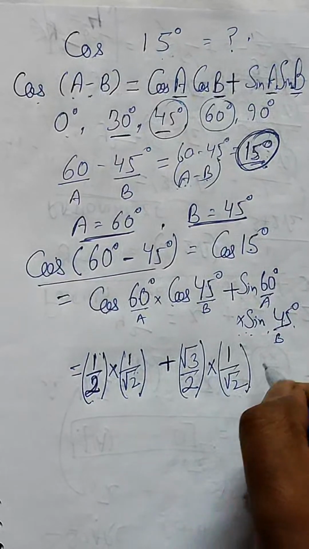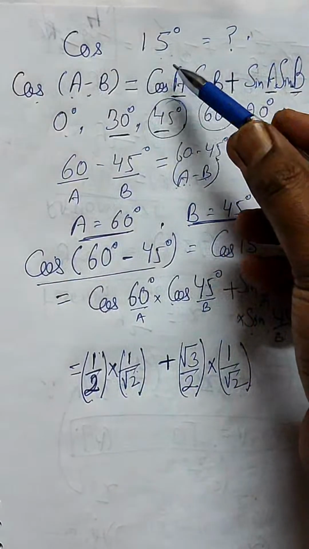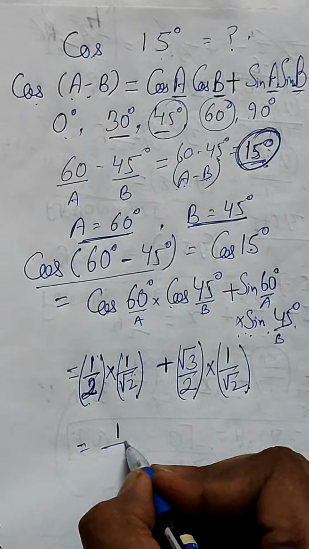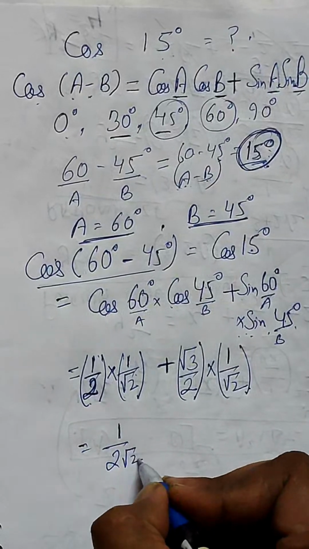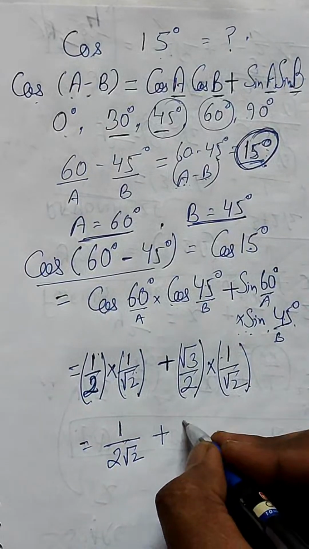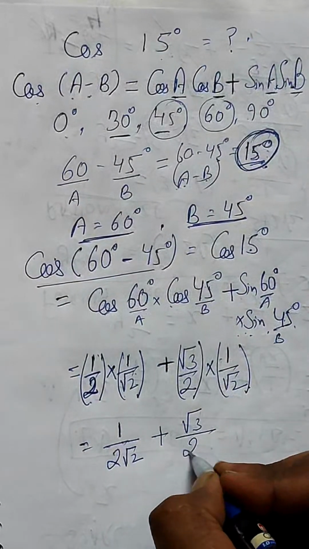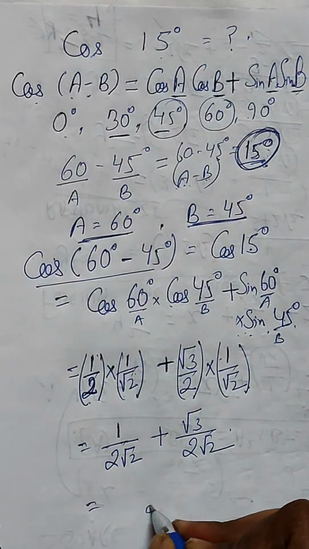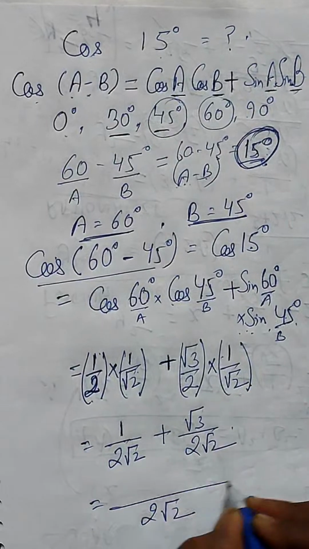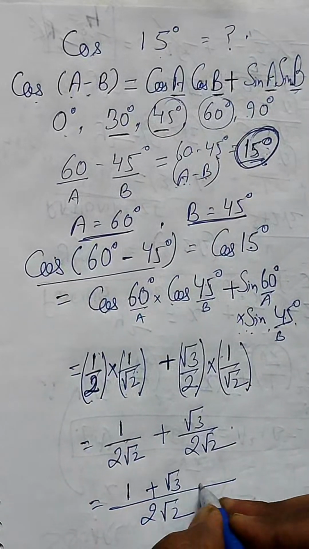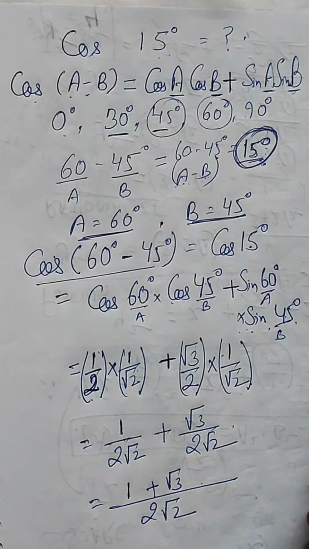So here also, as we calculated for sin 15 degree, you can see 1 by 2 root 2 is coming, plus root 3 into 1 will be root 3 by 2 root 2. Taking 2 root 2 as LCM, we have 1 plus root 3 in the numerator.